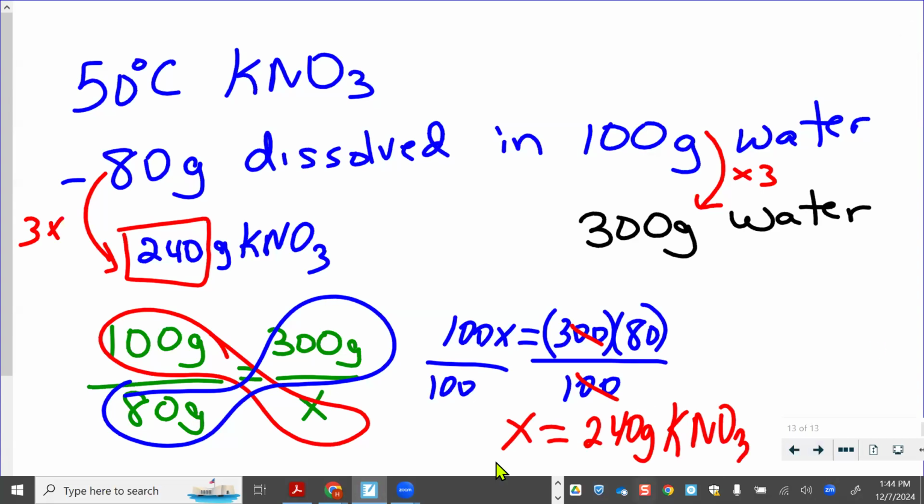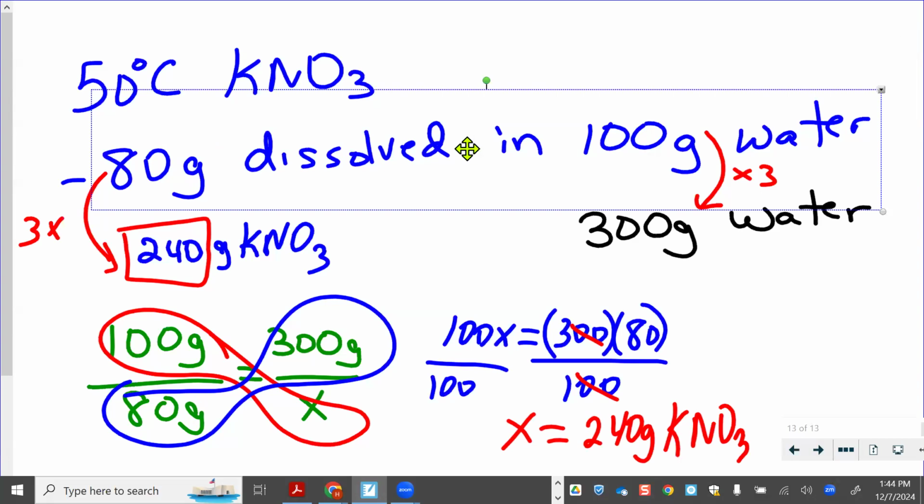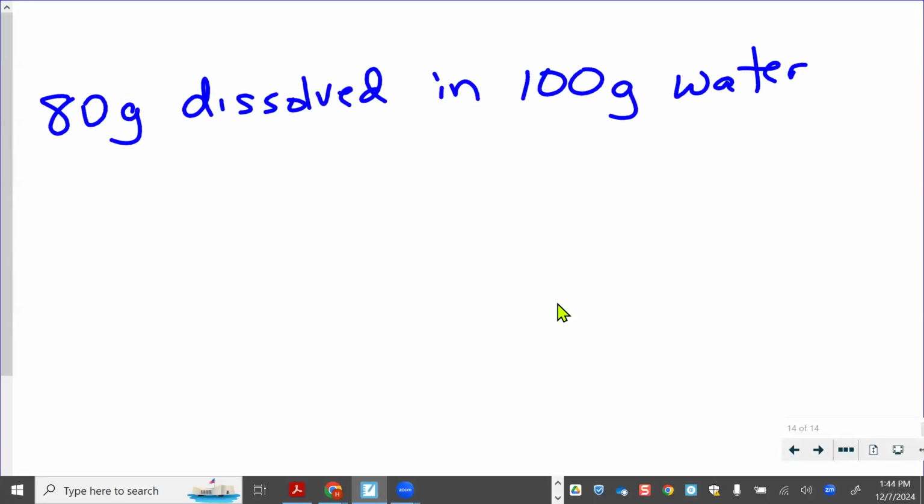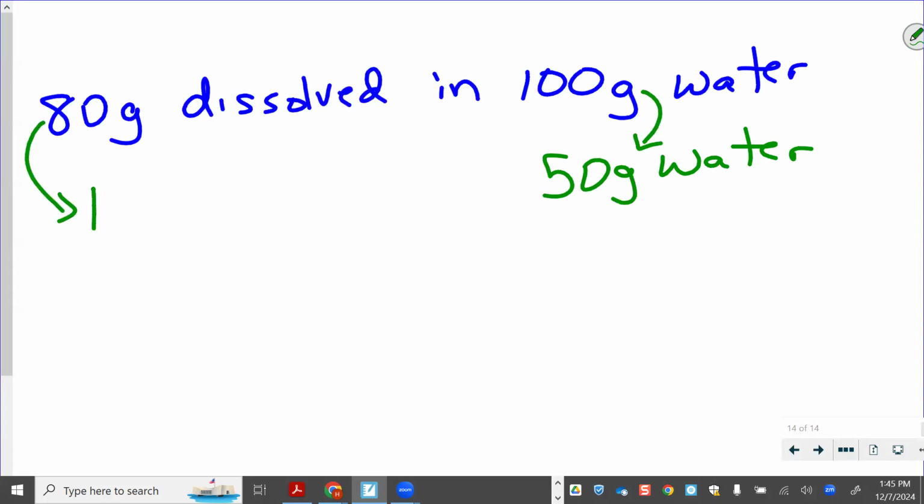Now I'm going to take the same statement here, and I'm going to do a different problem. So what if it says 50 grams of water? Whatever that multiplier is, it's the same multiplier for over here.